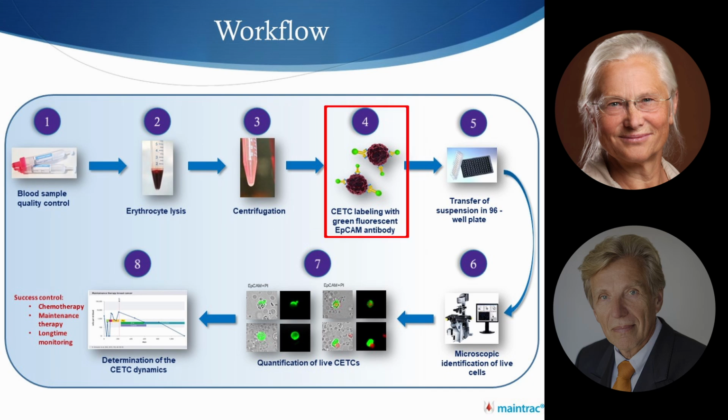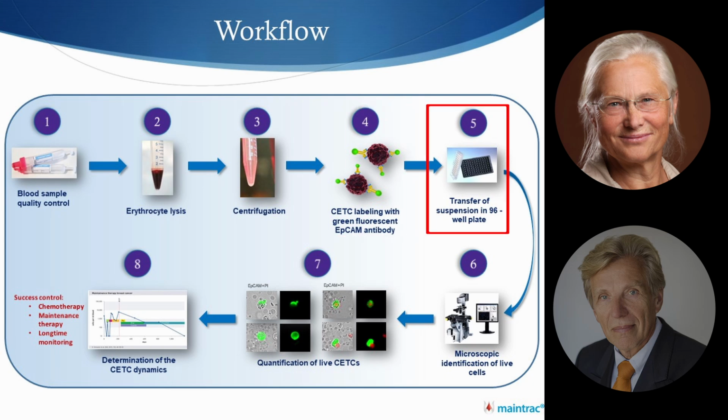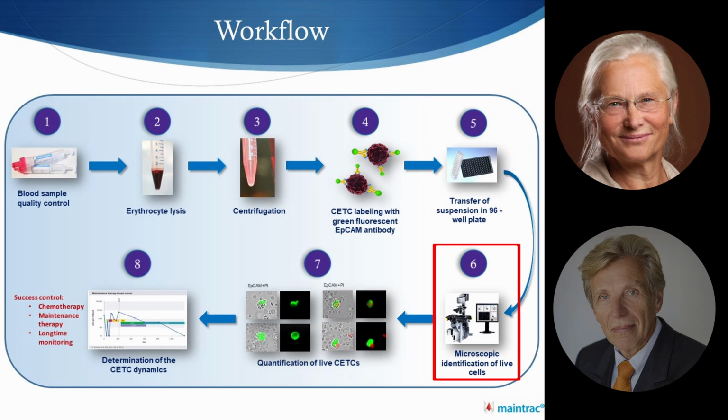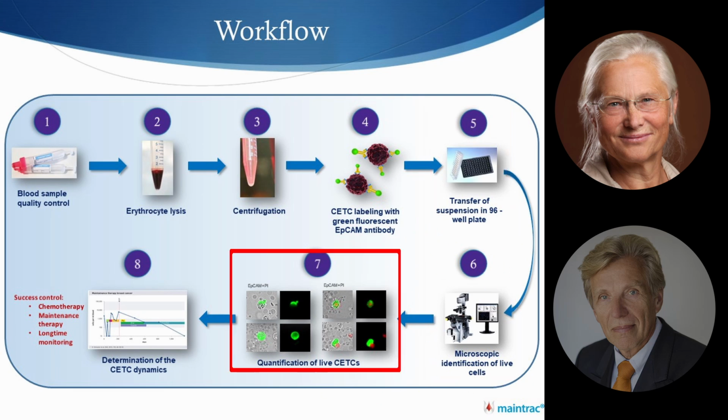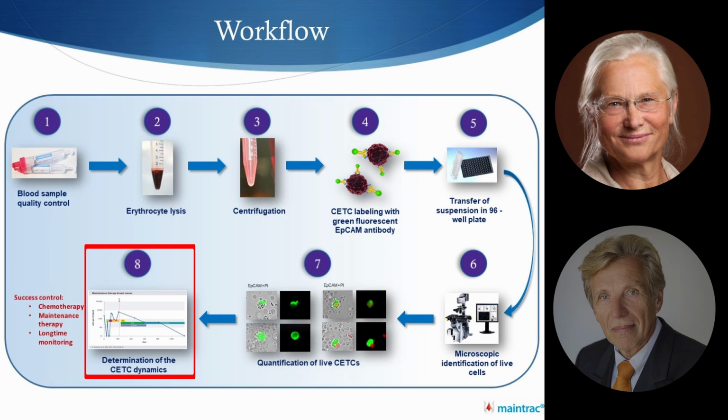And subsequently, we label the cells with the antibody as shown before. Then the suspension is transferred into a 96 well plate, and we have a special microscope which scans over these wells and detects the green fluorescent cells and shows them to us. And from these numbers, we can then draw a trajectory over time.